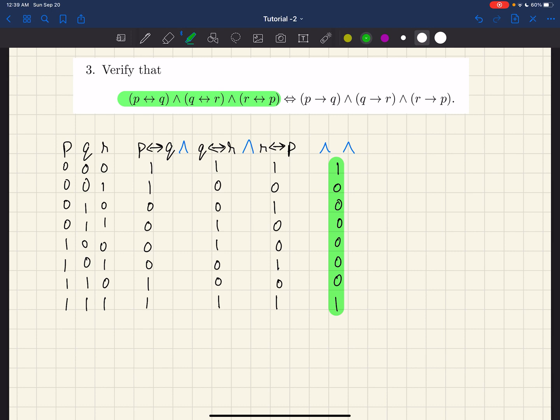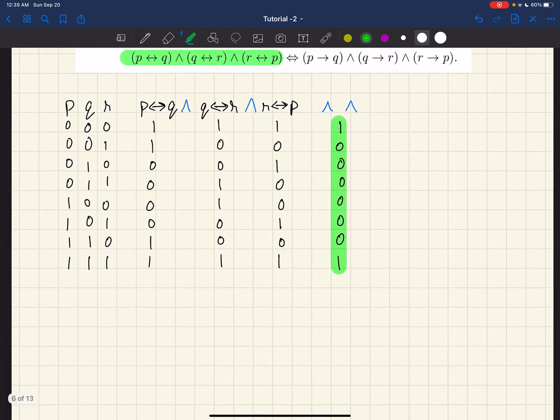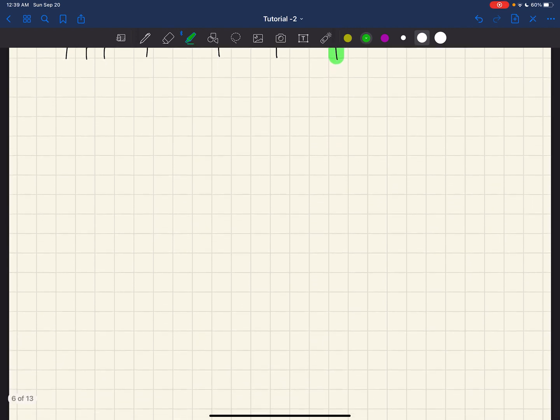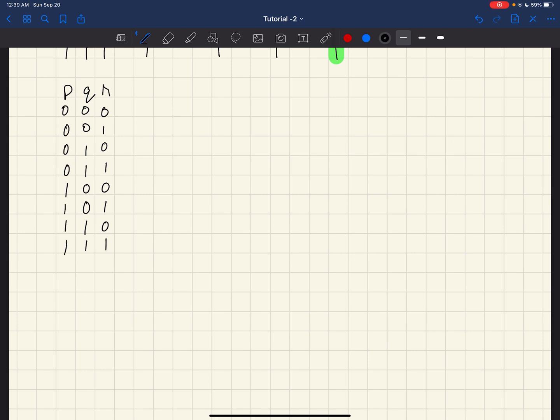Now we will be creating the right hand side, which is P implies Q and Q implies R and R implies P. So for P implies Q, it would be 1, 1, and for these 2 it would be 0.